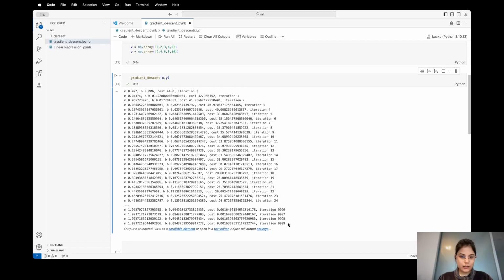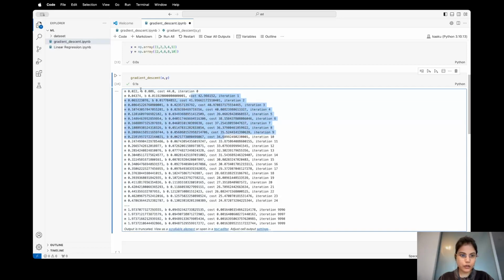So these are the iterations. For different iterations, you can see the cost value keeps on reducing for different combinations of m and b.